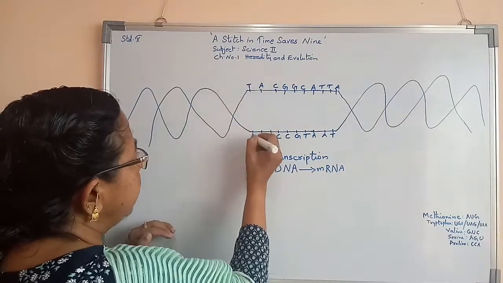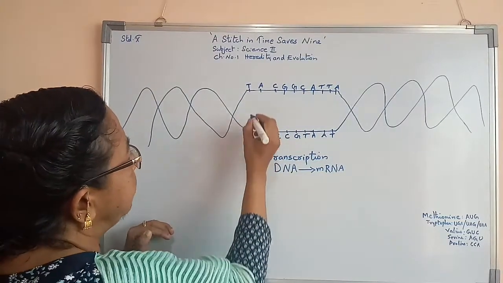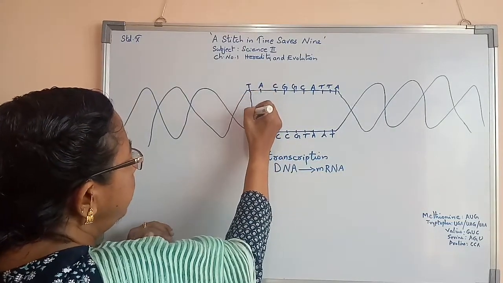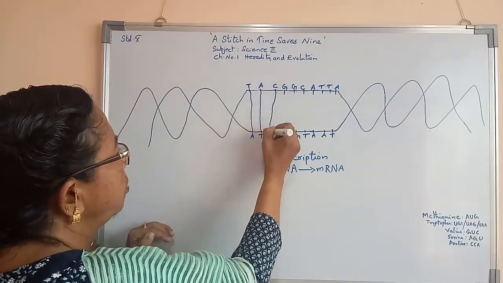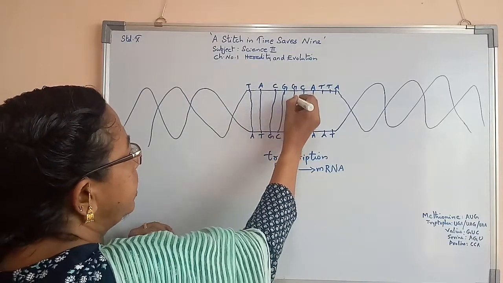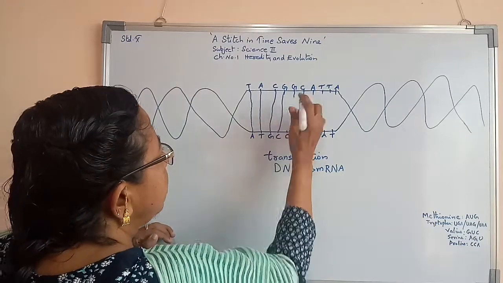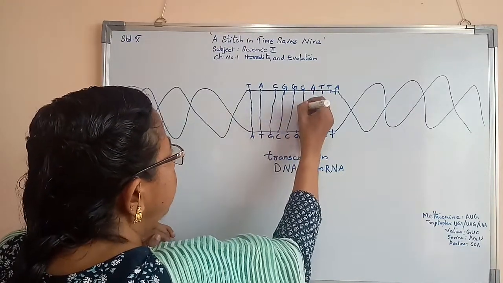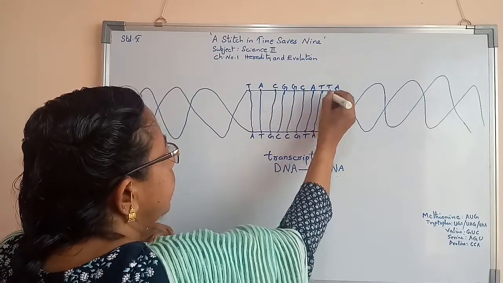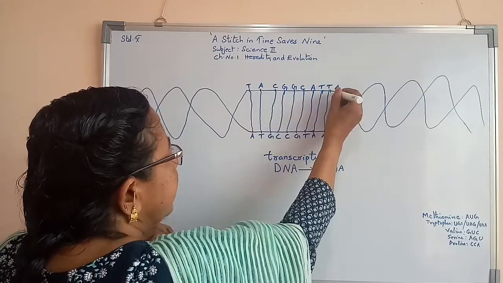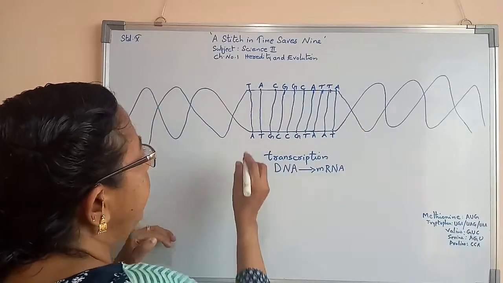Now these nucleotides or nitrogenous bases join with the help of a bond. This bond we can say is a hydrogen bond.